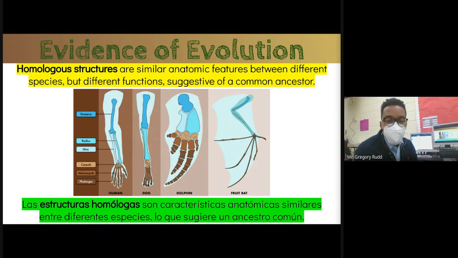All four of these species are mammals, but of course we wouldn't necessarily think of them as being particularly similar. Dolphins live underwater, humans and dogs are land bound, and bats have the ability to fly. So we don't necessarily think of these species as being similar. But when we look at the bones in their respective limbs, we do see similarities.